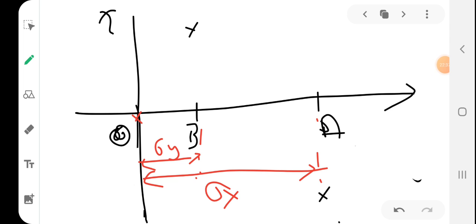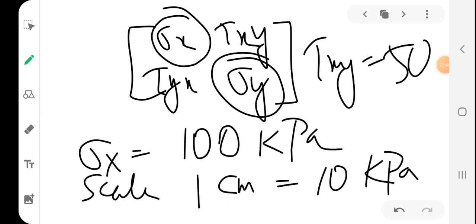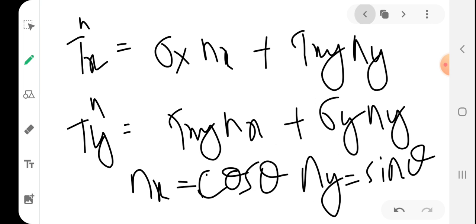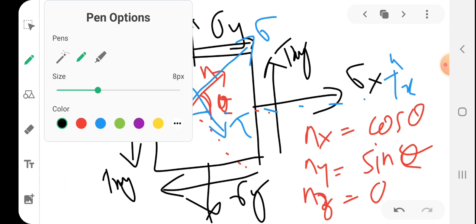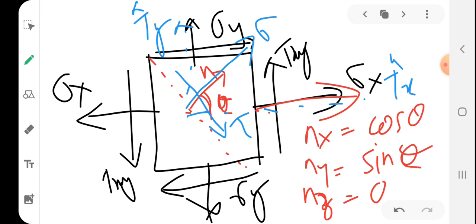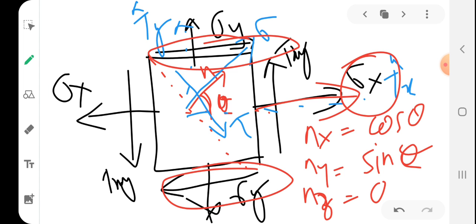Actually we are marking the two states, two systems, right? In this figure you can see sigma x and tau xy. In the x direction, this shear is actually a clockwise rotation, right? So this couple is trying to deform it in the clockwise direction, so this tau is taken as positive.